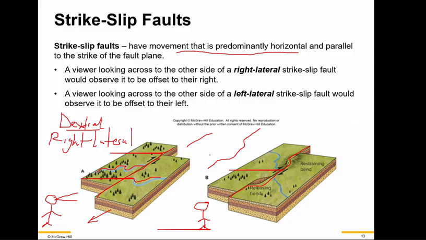Now, let's think about the sense of movement of the two blocks on both sides of this fault. Let's assume that this block is going in this direction. And this one is coming in this direction. Okay? Think about what will go on here, right? You're going to have opening here and here.